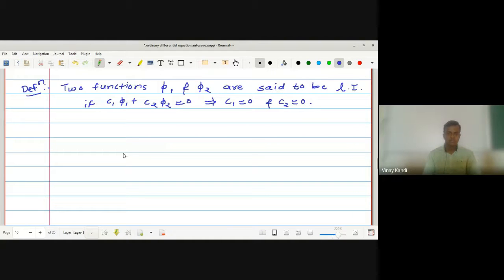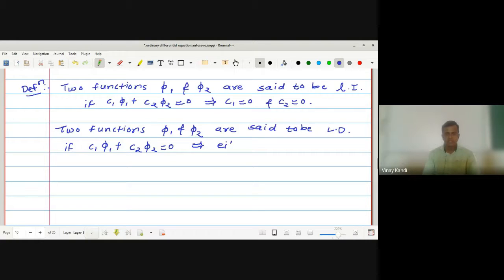Okay, and the two functions phi1 and phi2 are said to be linearly dependent if C1 phi1 plus C2 phi2 is equal to 0 implies either C1 is not equal to 0 or C2 is not equal to 0.